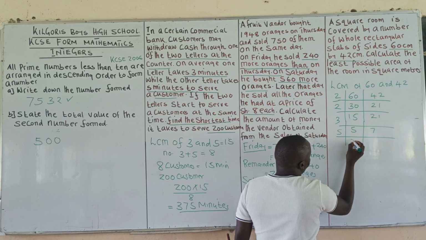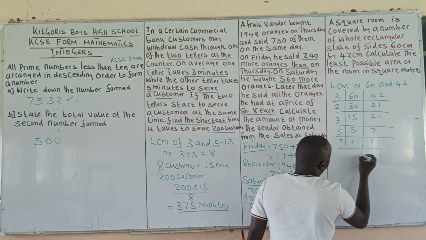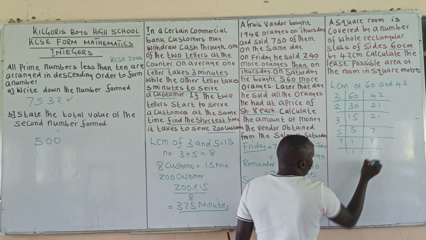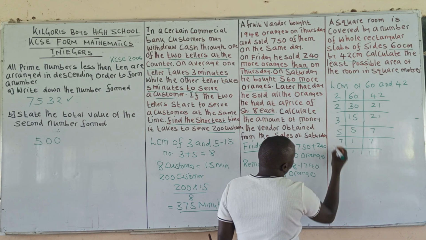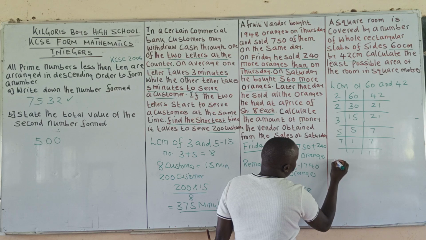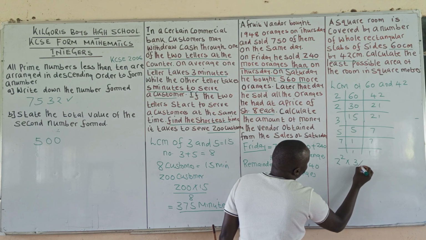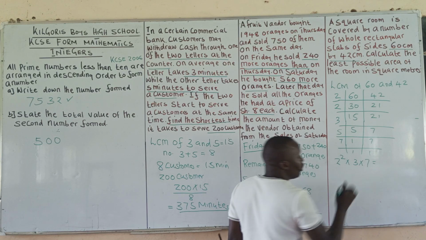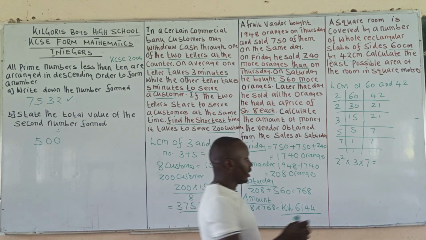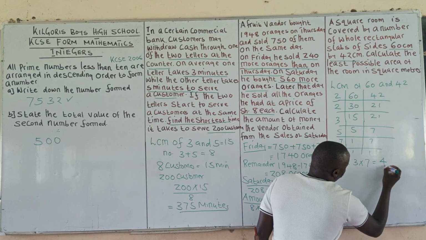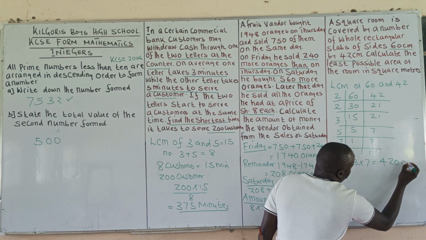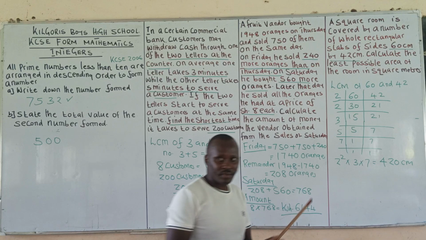Then we have 5, and 1 and 7. Then finally we have 7, and then we have 1 and 1. So the LCM is 2 raised to power 2 times 3 times 5 times 7, and this one is giving us 420 centimeters.